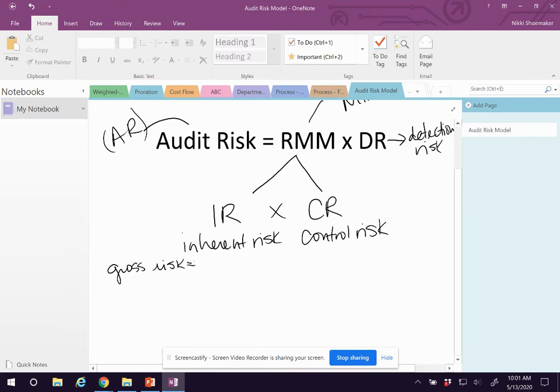So this is the risk of material misstatement in the financial statements, and I'm going to abbreviate here, before considering any internal controls.